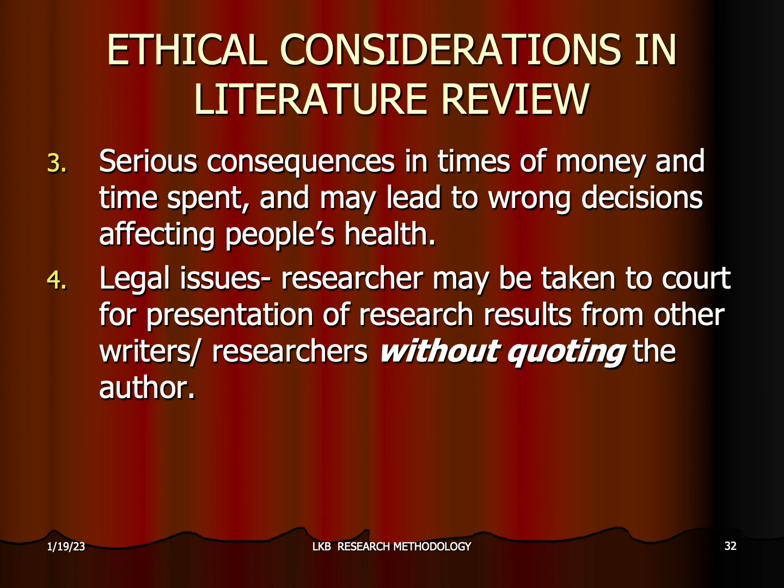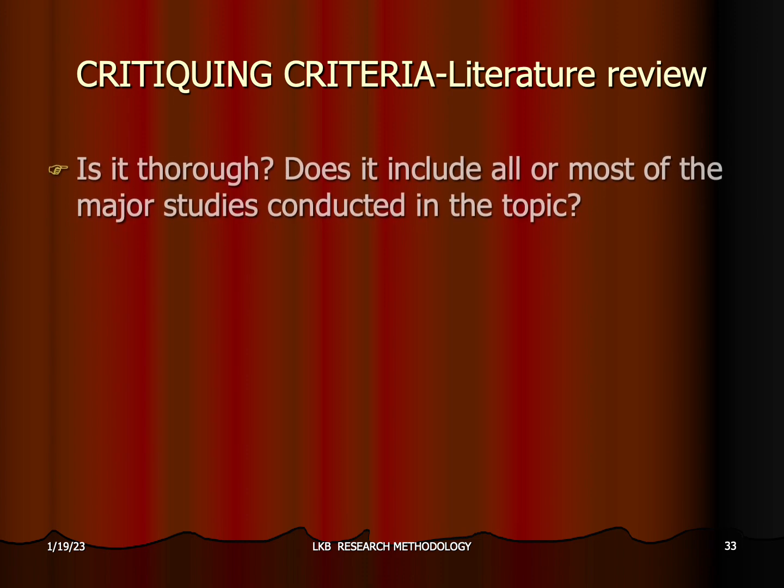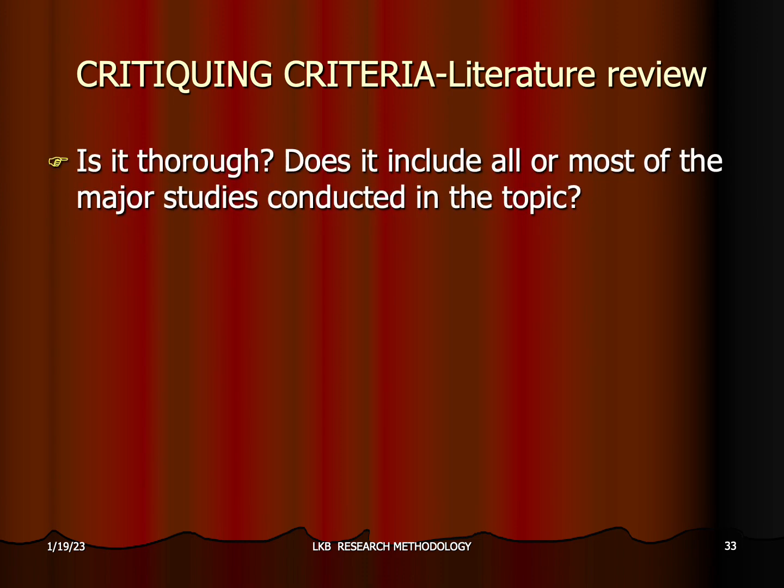So how do we know whether we've done a good literature review? We just want to mention a few things on how to critique the literature review. You'll be able to do this in detail later when you come for your masters, but for now, we want to ask ourselves: is the literature review thorough? Does it include all or most of the studies conducted on the topic?